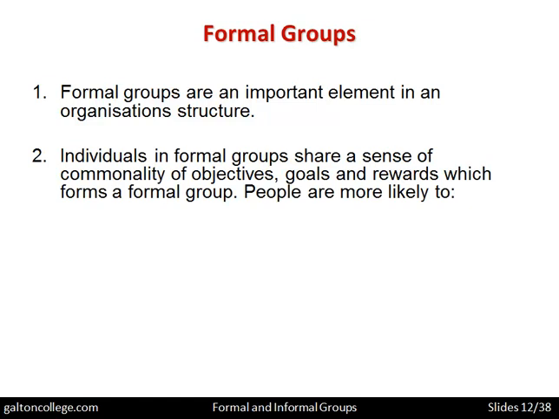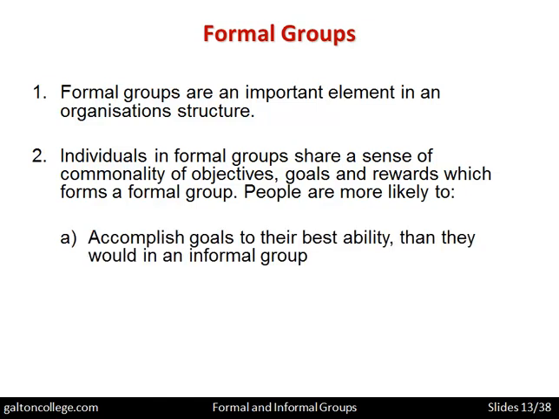Individuals in formal groups share a sense of commonality of objectives, of goals and rewards, which forms a formal group. So the individuals within the formal groups have a common sense of purpose. They're in the group to try to achieve some task, they're working towards it, and they're collaborating and discussing it and dealing with the problem and trying to get it resolved. People are more likely to accomplish goals to the best of their ability than they would in an informal group.